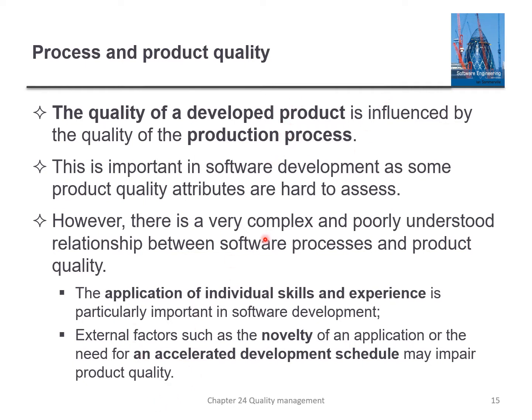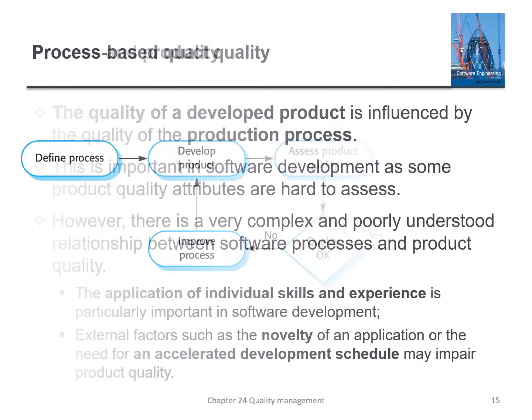Because of this issue. Sometimes certain projects, especially small projects, are very dependent on individual skills. So if somebody else comes in, maybe the processes will be different. Sometimes product quality depends on the processes, because you are running out of time, you want to accelerate, you want to shorten the development schedule, so some of the processes might be skipped. So how do you ensure that the software has been produced to achieve its quality?